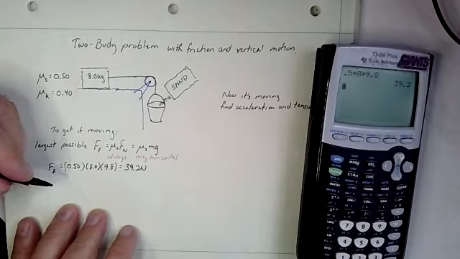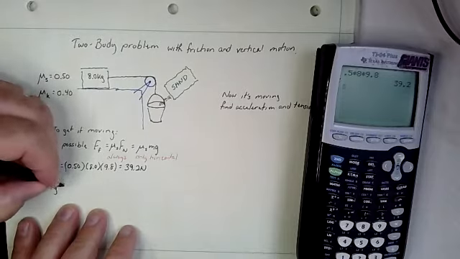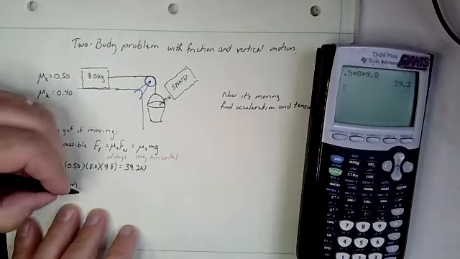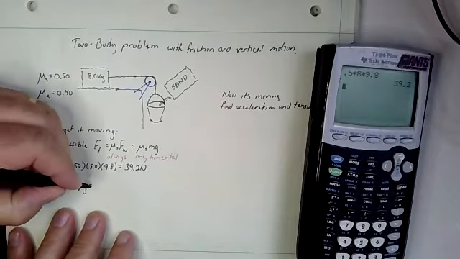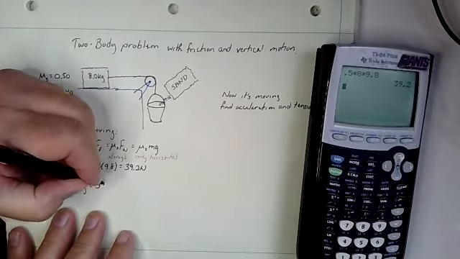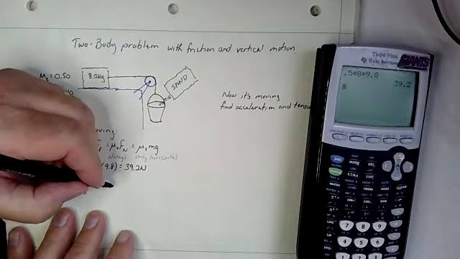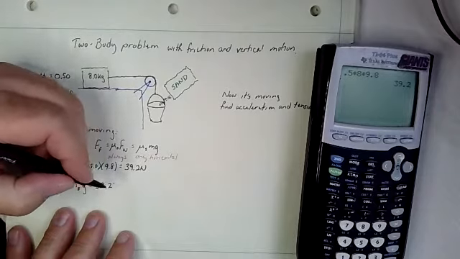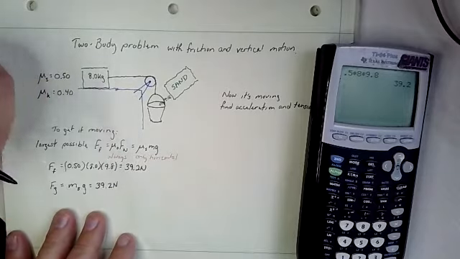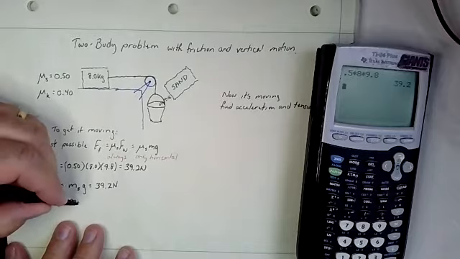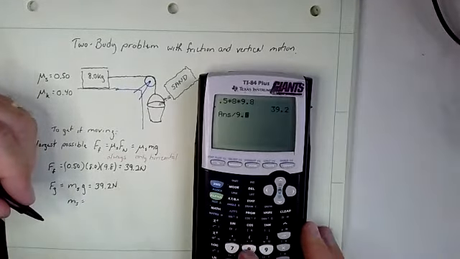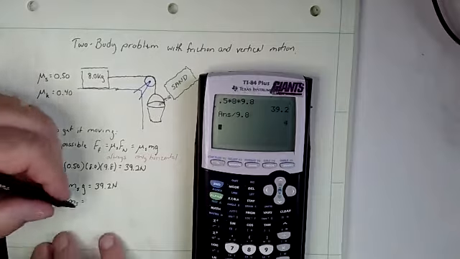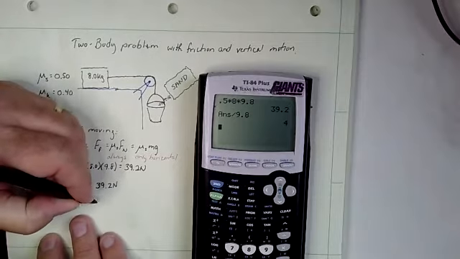So that means the force of gravity, which is mass, and this is a different mass, so I'll put S here for sand, times gravity has to be equal to 39.2 newtons. So the mass of the sand is going to be 39.2 divided by 9.8, which is 4 kilograms.